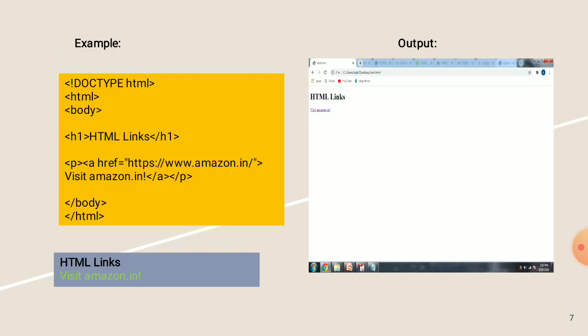This is our example. A simple example: we start with HTML, then the body section starts, then we declare h1 as the heading part, with the heading HTML Links, then the heading is closed. Then we also declare a paragraph, and we put a link as a hyperlink.